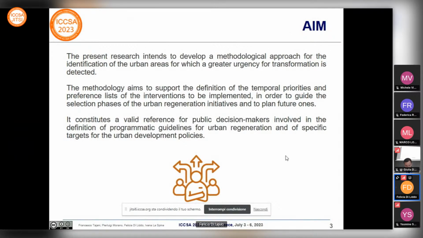The methodology intends to support the definition of temporal priorities and the preference list of the interventions to be implemented, providing an evaluation tool able to highlight the areas on which the first attention of public decision makers should be paid in order to start urban transformation initiatives on a larger scale.